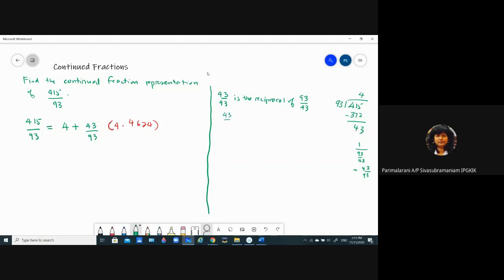93 over 43 is actually 2.1628, which means that 93 over 43 is approximately equal to 2, right? 93 over 43 is 2.1628.